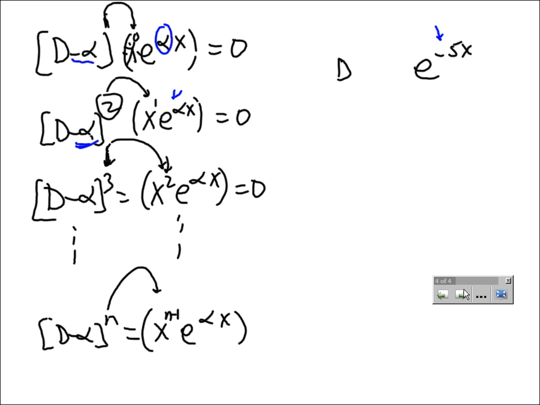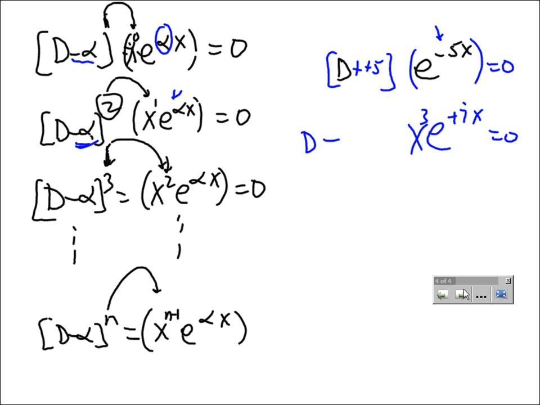The power is negative 5, we do d minus negative 5. That is, we'll do d plus 5. You get 0. You have x cubed e to the positive 7x. You want to get 0. You do d minus that number.